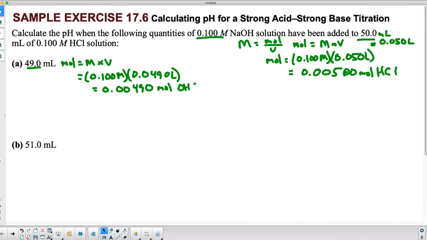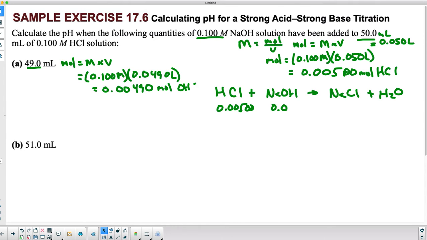Notice that for the first part here, my HCl plus NaOH, what I get on the other side really doesn't matter, because what we're concerned about is starting with 0.00500 moles and 0.00490 moles.